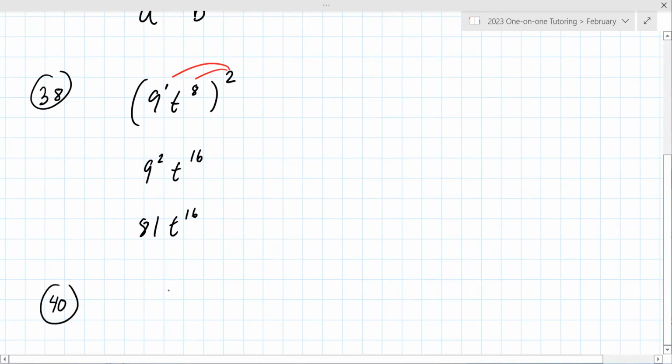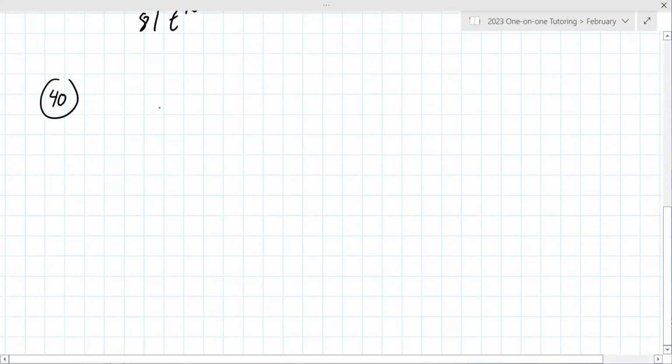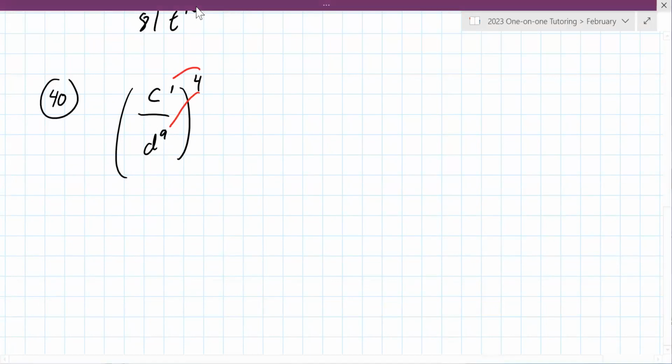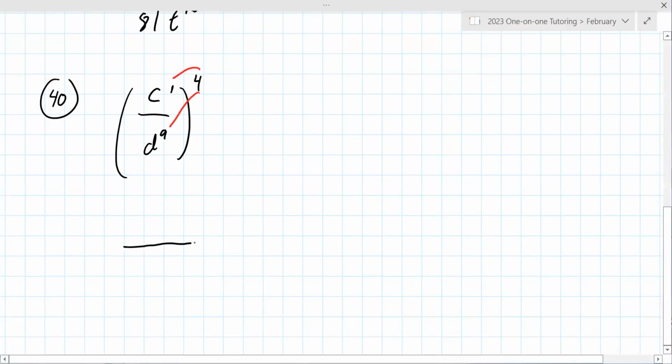Okay. 40 is c over d to the 9th. So this distributive property works for both fractions and for multiplication. So you still give that 4 to both the top exponent and the bottom exponent. So tell me what the result would be.